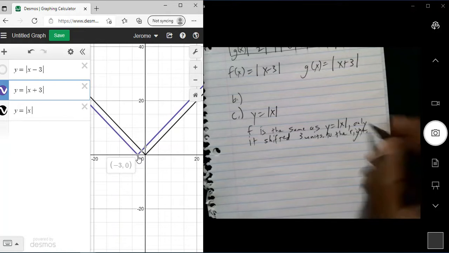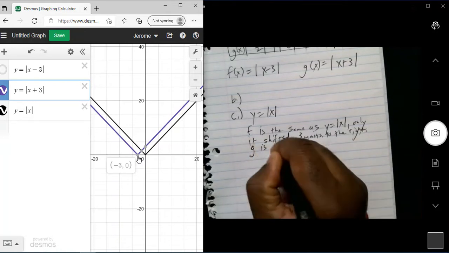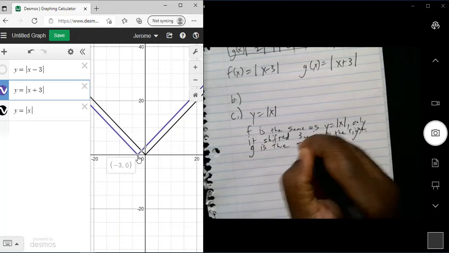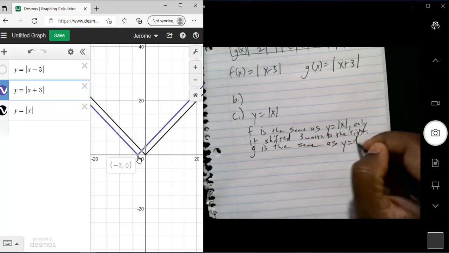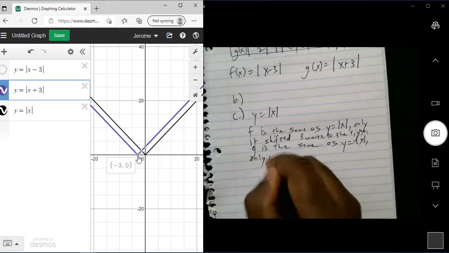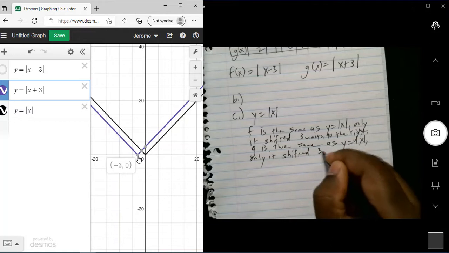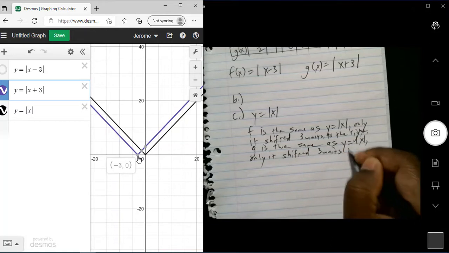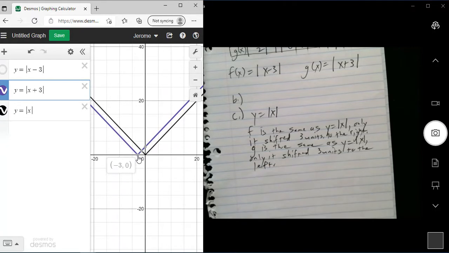So we could say that G is the same as y equals the absolute value of x, only it shifted 3 units to the left. That's the only difference.